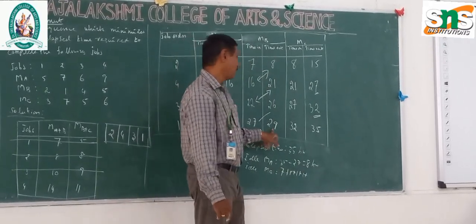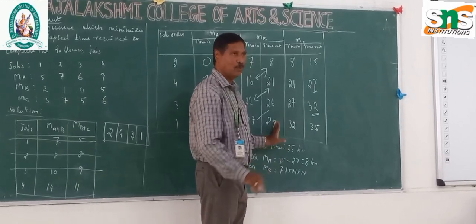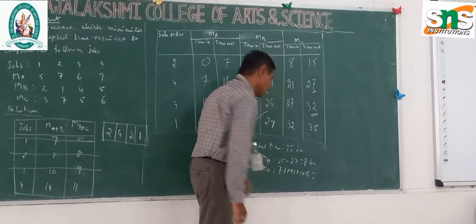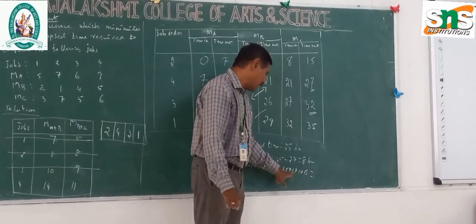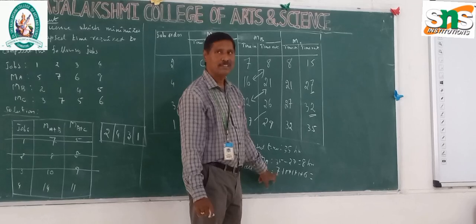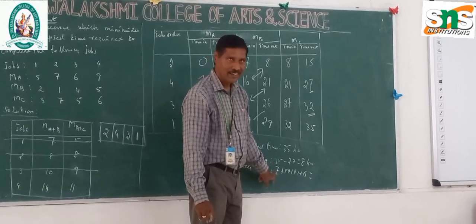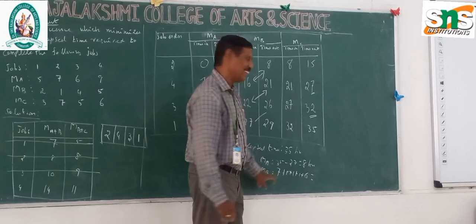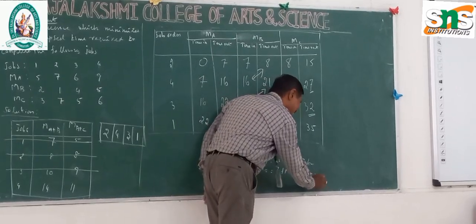But after 29, it is idle. Therefore, 35 minus 29, it takes 6 hours rest. Therefore, 6 plus 7, 8, 16 plus 7, 23. 23 hours it will be idle.